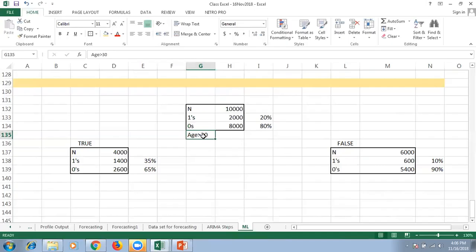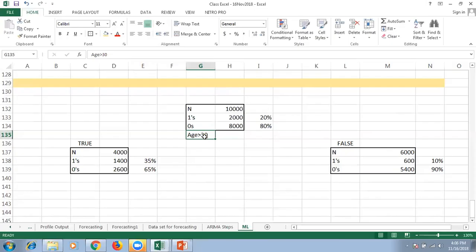That means one categorical variable is there, and the other variable you converted into categorical. Now if I want to see the relationship between these two, which statistical test can you use? Chi-square. Chi-square is a relationship test between two categorical variables, right?